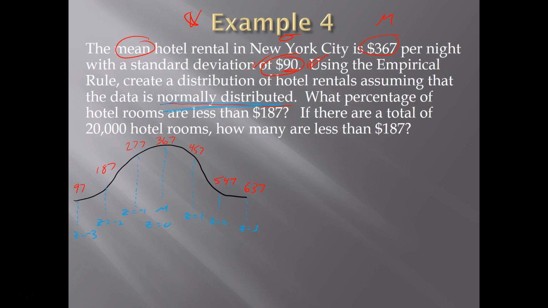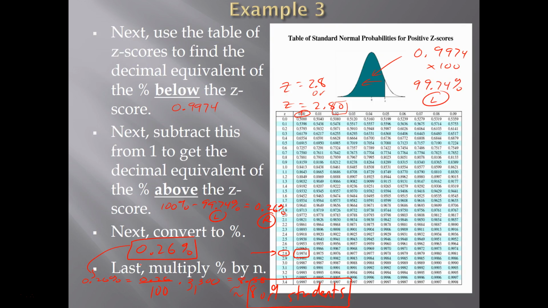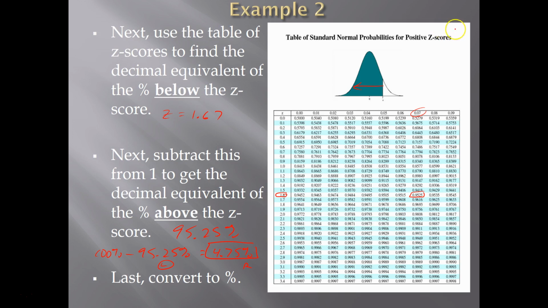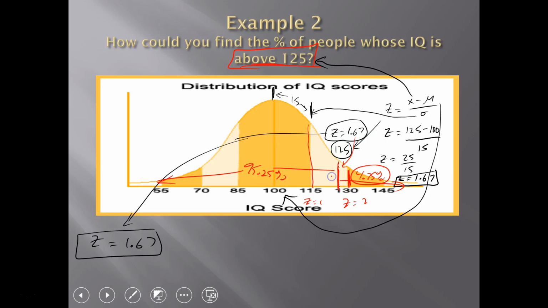All right, now it says, what percentage of hotel rooms are less than $187? Well, here's $187 right here, so it's asking, what's the percentage less than that? Well, 2 ways to do this. You could do this using the empirical rule, or you could do this using a z-table. With a z-table, you would need to find a z-score of -2.0. So this one here I would not want to use because this is for positive z-scores. I would want to use one that has negative z-scores.